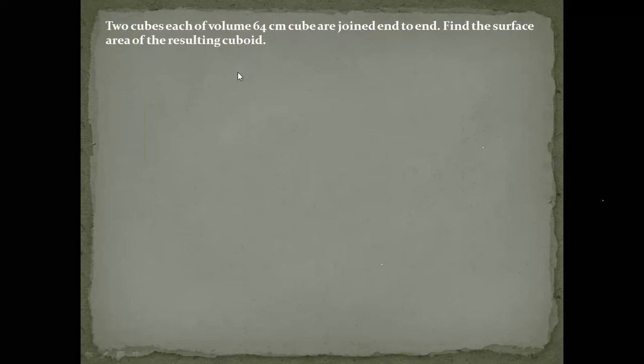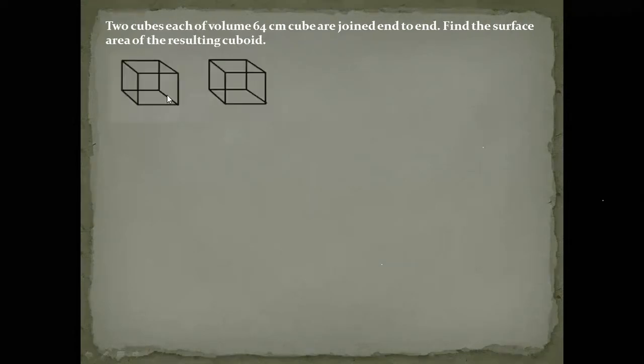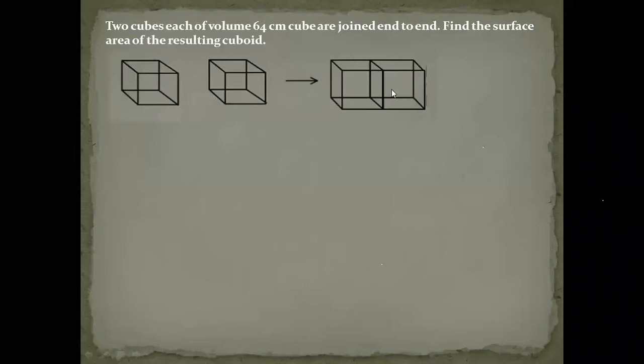So we have two cubes, and each has a volume of 64 centimeter cube. They are joined end to end, which means we have joined the middle part of this, and we have to find the area of the resulting cuboid.